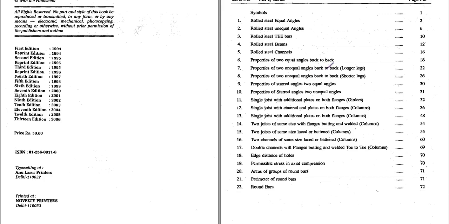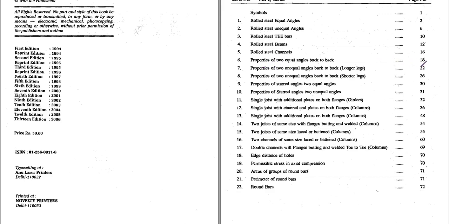It is provided back to back, that means the angles are provided on the two sides of the gusset plate, and there are no formulas or values for the condition when the angles are placed on the same side. So the value will be the same for the two cases, two figures here.